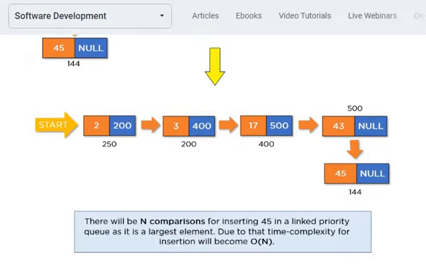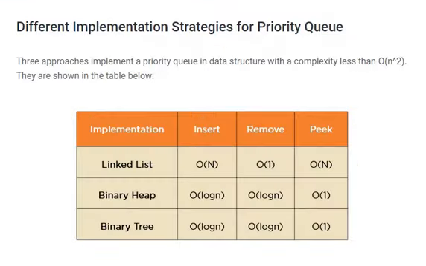So there will be n comparisons for inserting 45, as 45 is the largest element. The time complexity of insertion will be big O of n. So we have three approaches to implement a priority queue data structure, with a complexity less than big O of n to the power of 2.